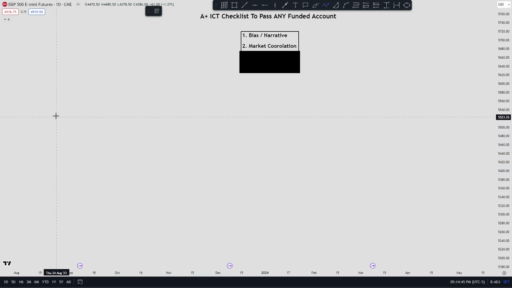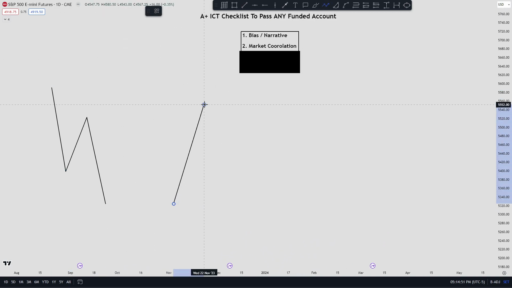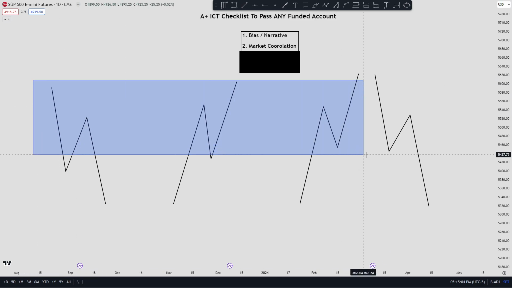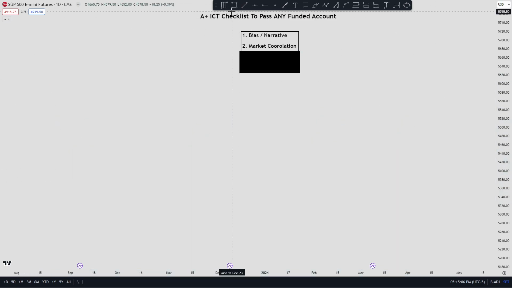If you're seeing the Nasdaq go lower, you'd also want to see signatures from the dollar going higher. Or if the US 30 is going higher, you'd want to see signatures from the dollar going lower. These are correlated markets as well.